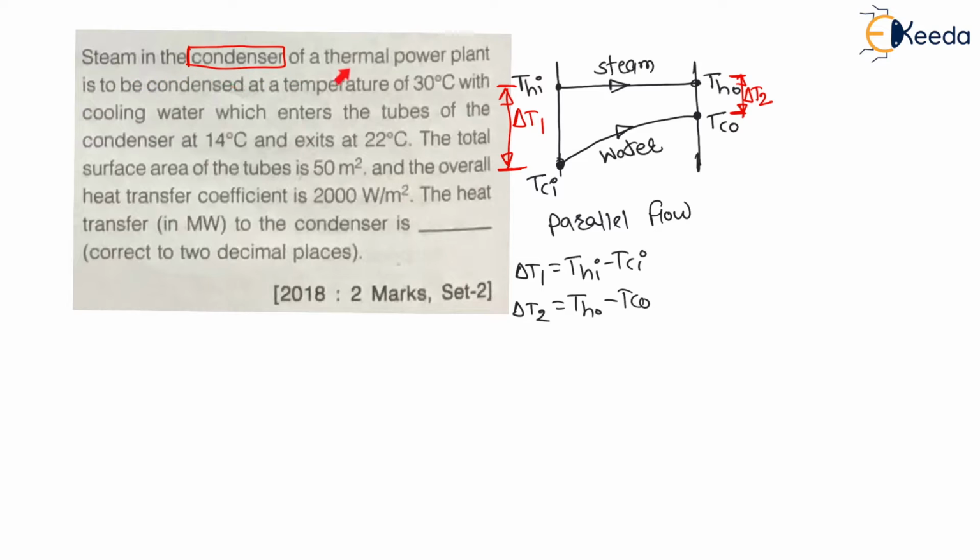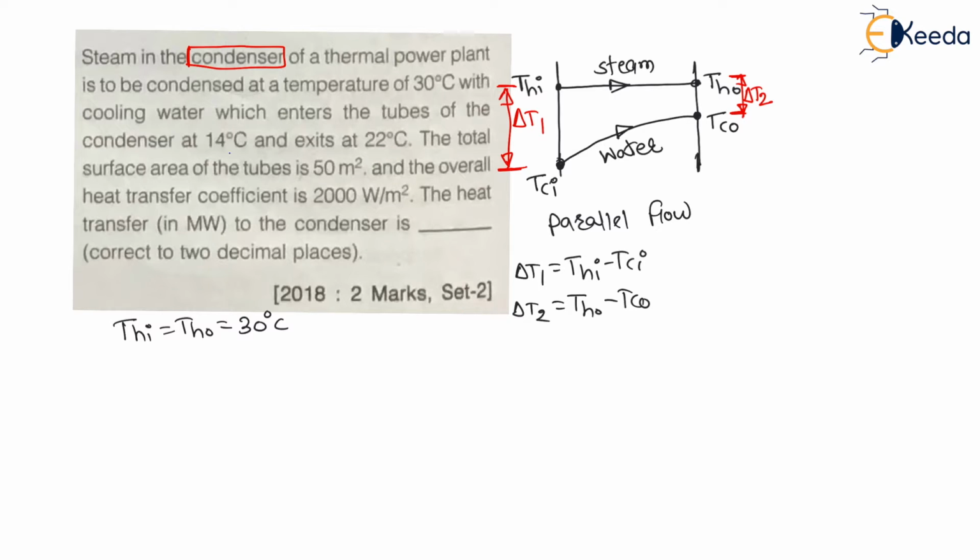A steam in a condenser of thermal power plant is to be condensed at a temperature of 30 degrees Celsius. Now here THI and THO are given 30 degrees Celsius. Therefore here I will write THI is equal to THO is equal to 30 degrees Celsius, that is steam temperature. Then with a cooling water which enters the tube of a condenser at 14 degrees Celsius and exit at 22 degrees Celsius.